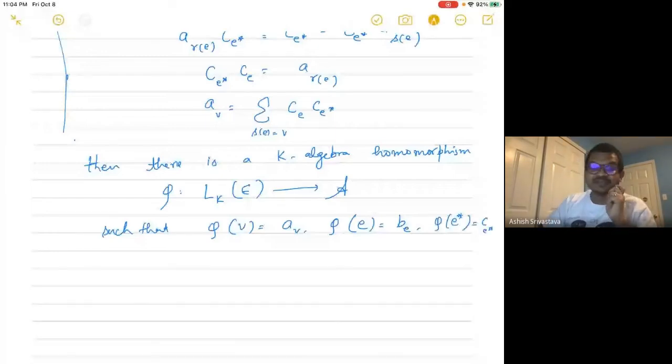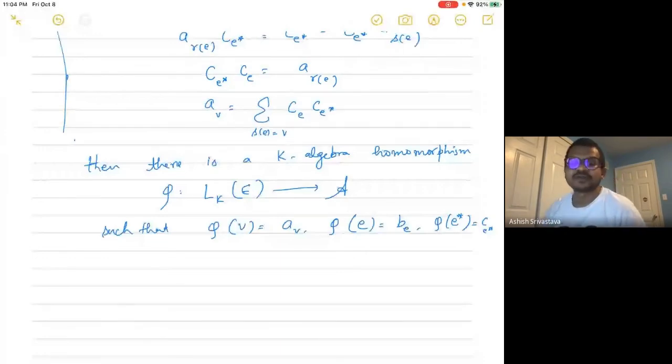So this is what I mean by the universal property with respect to those defining relations. If you have any K algebra with those generators satisfying the same kind of relations, then you have this K algebra homomorphism between the Leavitt path algebra and this algebra. Okay.